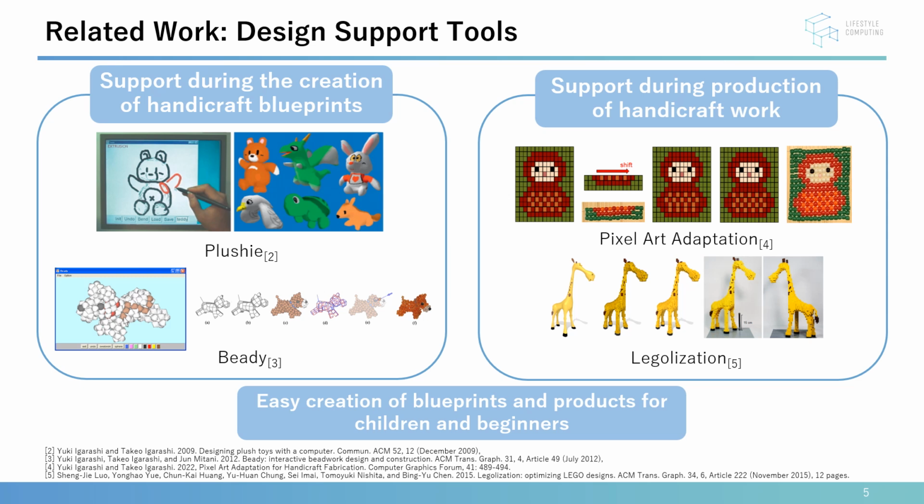In addition to converting designs into blueprints, there are also studies that support the production of knitted or embroidered work by correcting design plans without the need to undo stitches when mistakes are made, as shown in the figure above right. Other research explores converting 3D models into Lego blocks to achieve the most stable structure.